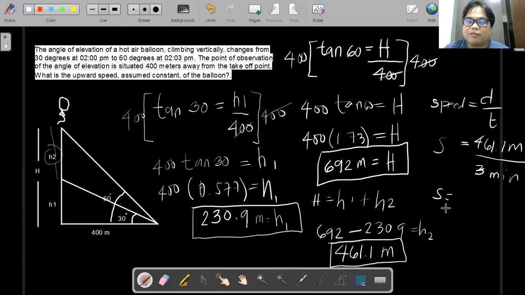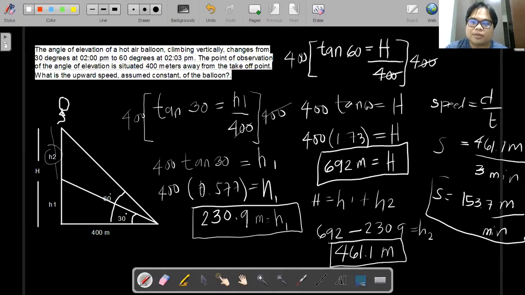So the speed of the balloon, let's try to divide that. 461.1 divided by 3, you get 153.7 meters per minute. So that's our ultimate solution.